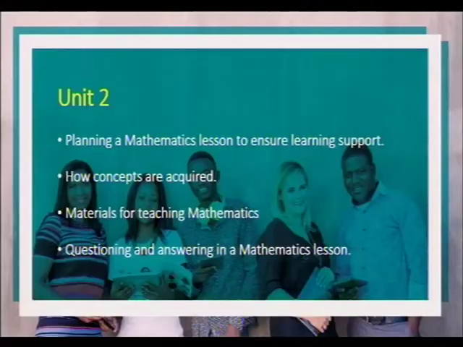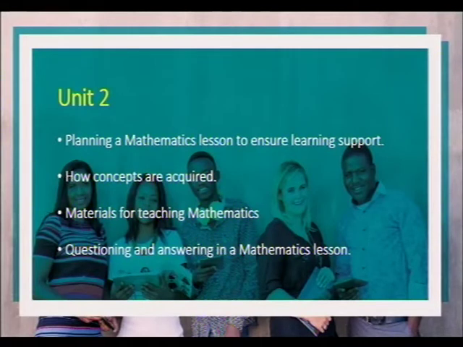Okay, that is all for Unit 1. Go more in detail from your study guides, everything is very, very clear. I'm just highlighting a few things that I would like you to focus on. Unit 2. Under Unit 2, I would like to discuss how concepts are acquired.